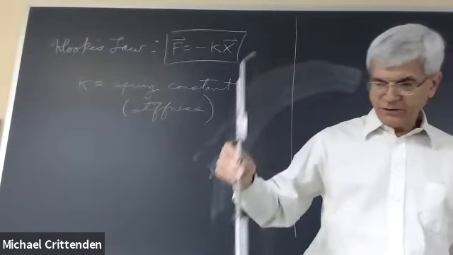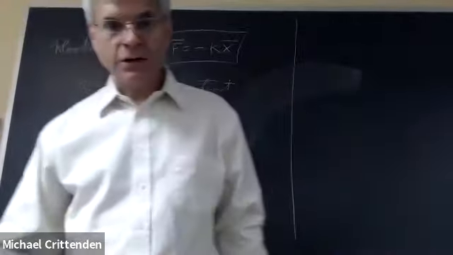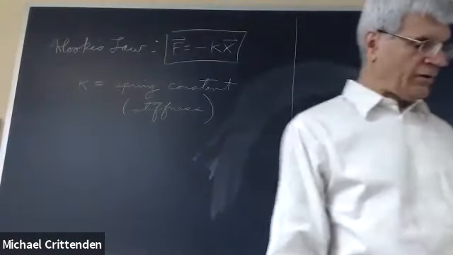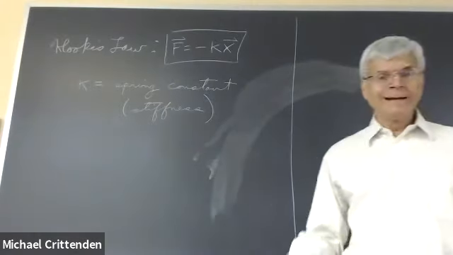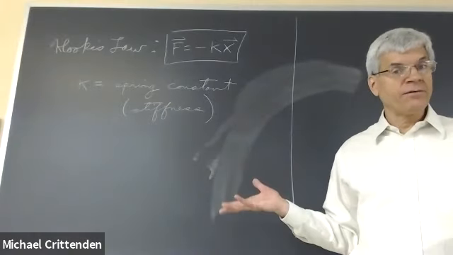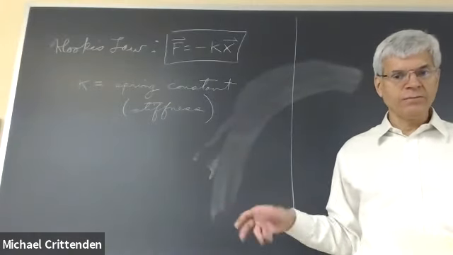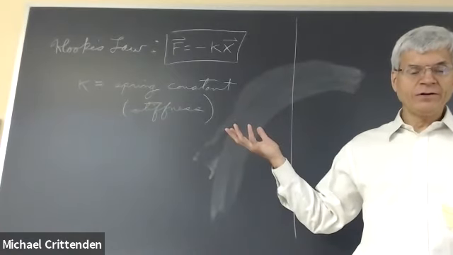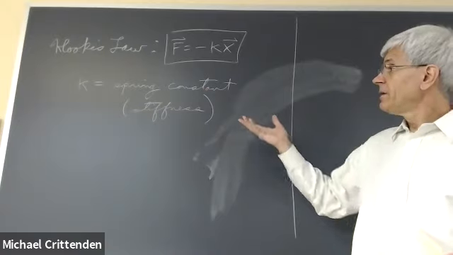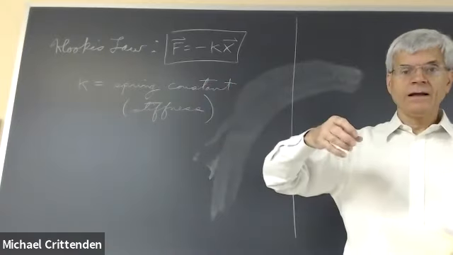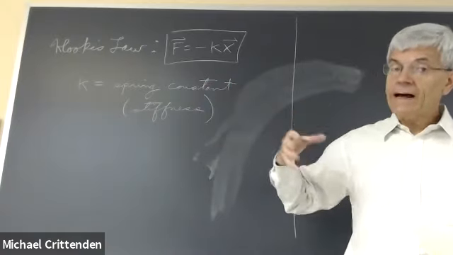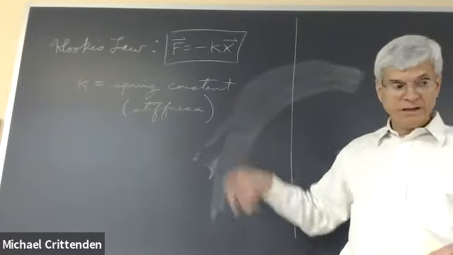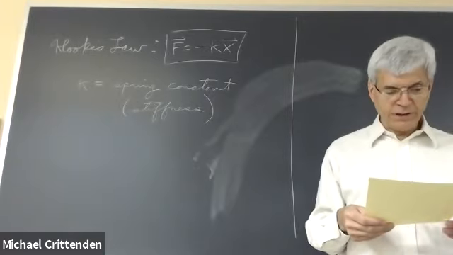You start talking about the coil springs in the suspension of a car, well, that's the example that's coming up in a moment, and that's in the tens of thousands of newtons per meter. So if the spring is very easy to stretch or compress, K is a small number. If it takes a lot of force to stretch it or squash it, then K is a big number. So that's what that means.